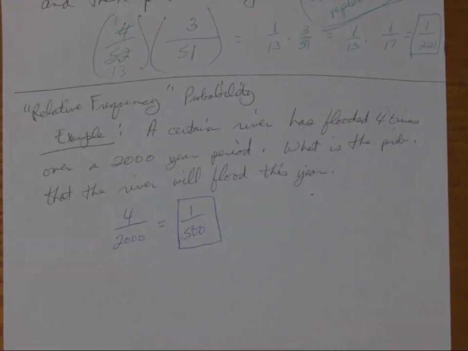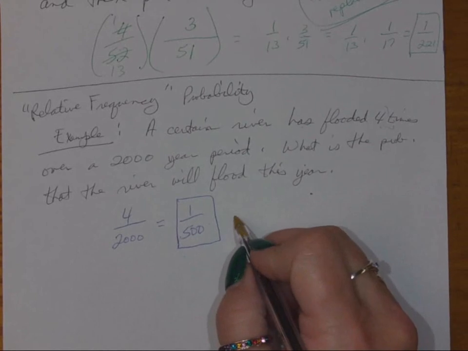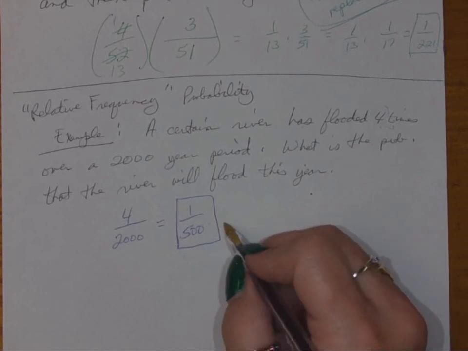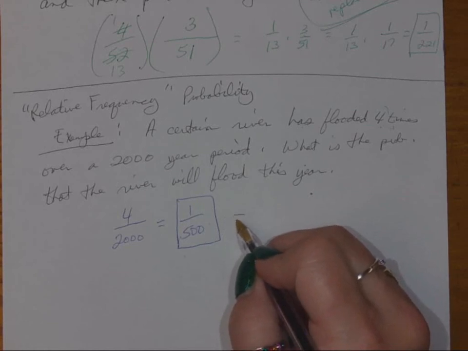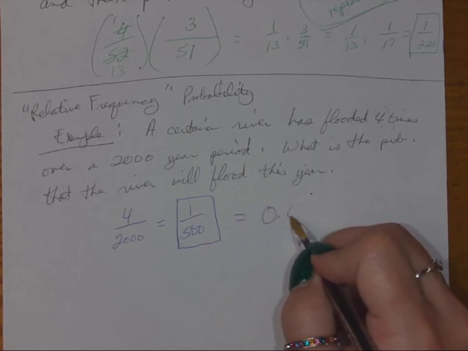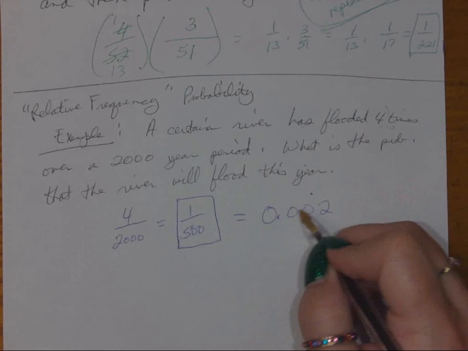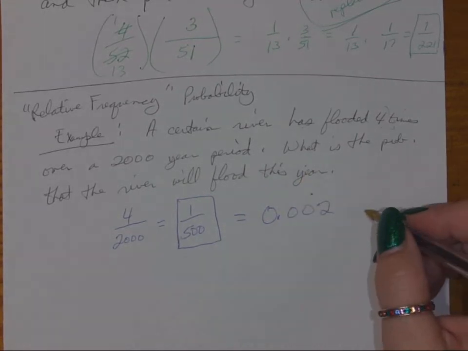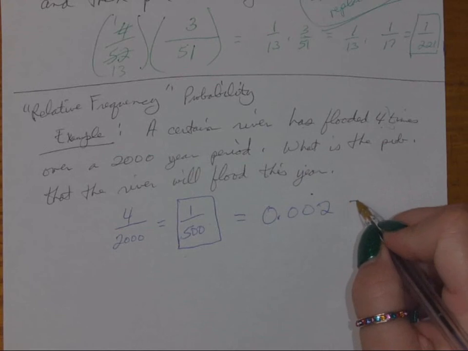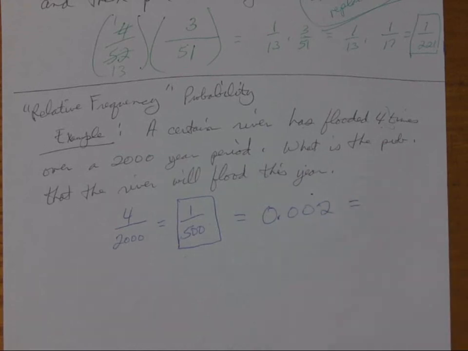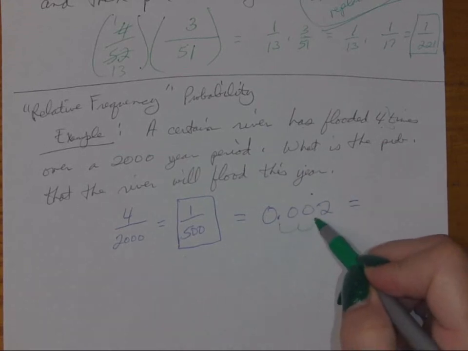Now, to go ahead with this, let me put this in a notation. This is a 0.002. If you were to divide that out, 1 divided by 500, that's the probability. And remember you need to change that to a percentage.